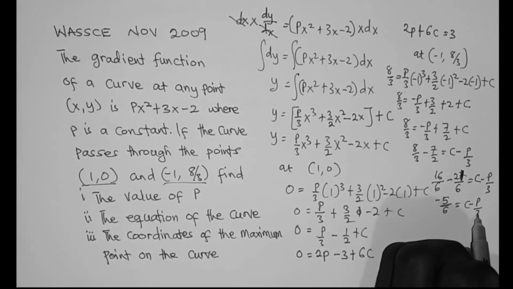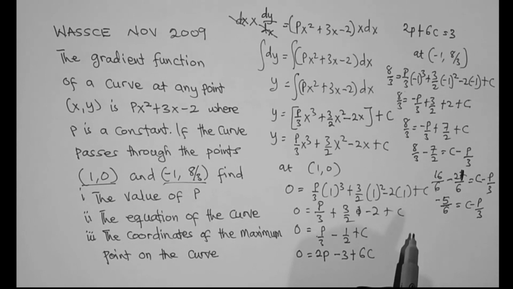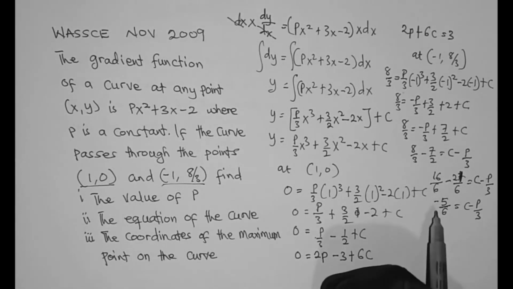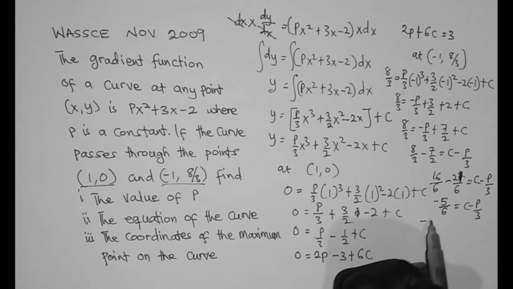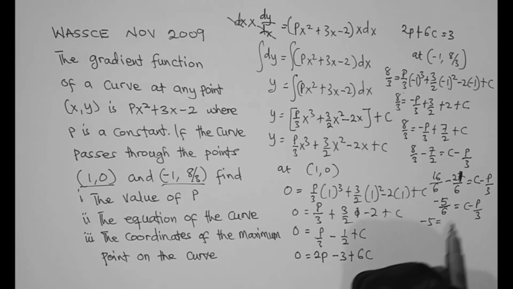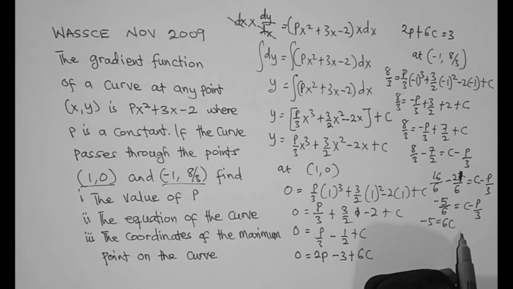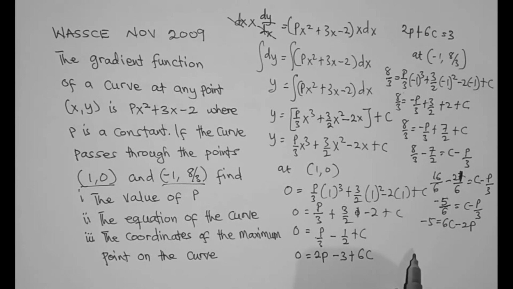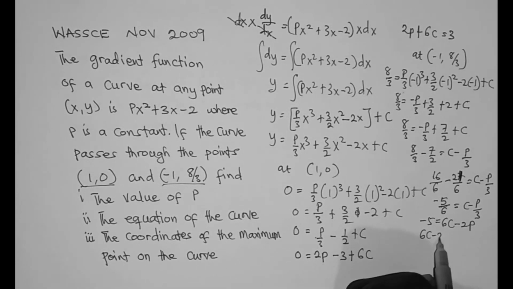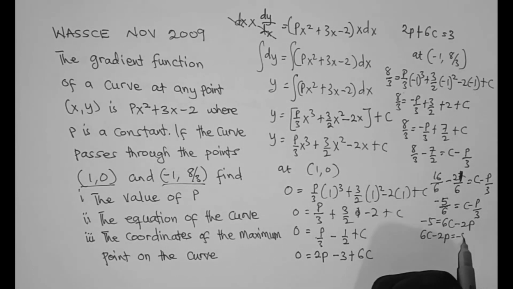So let's multiply through by 6. 6 times minus 5 over 6 is minus 5, equals 6 times c, which is 6c. Then 6 times minus p over 3 becomes minus 2p. So in other words, 6c minus 2p is equal to minus 5.